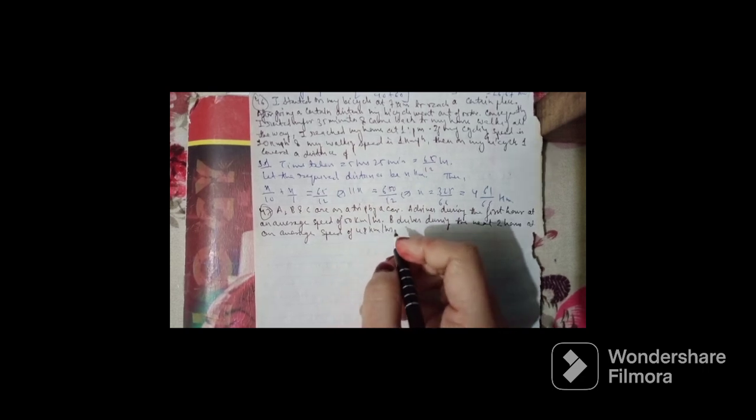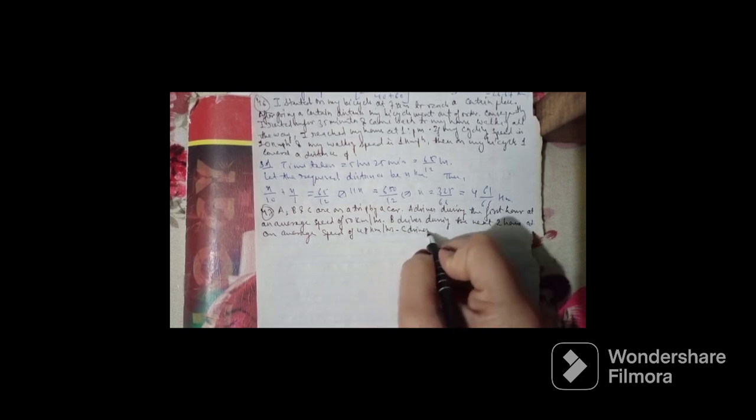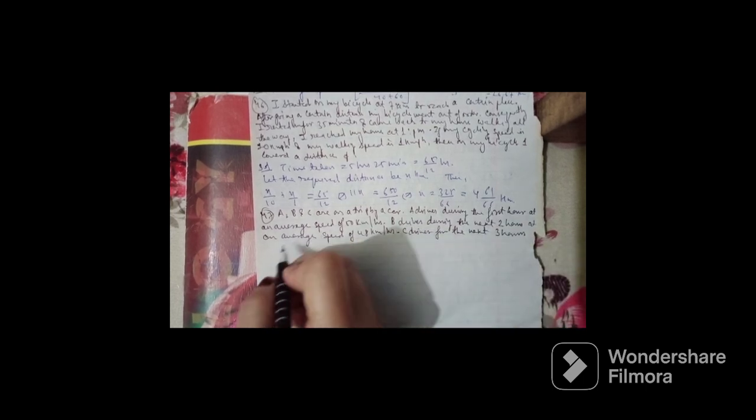C drives for the next 3 hours at an average speed of 52 km per hour.